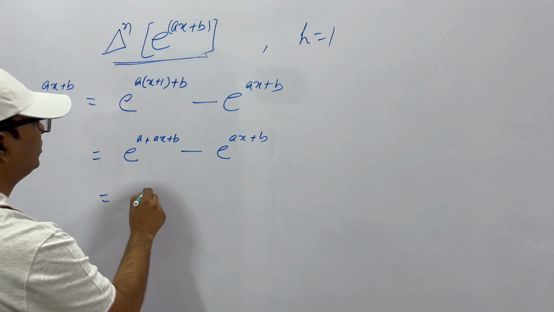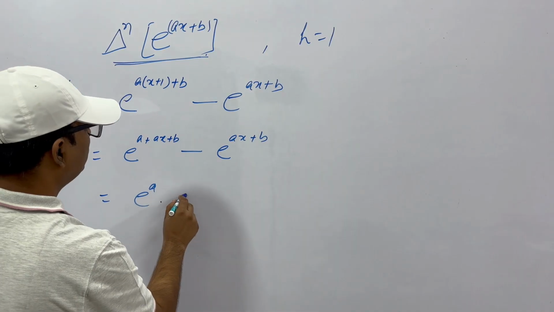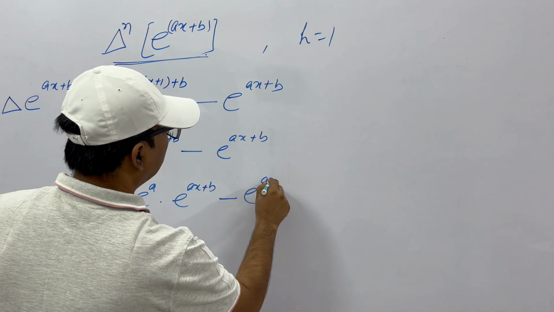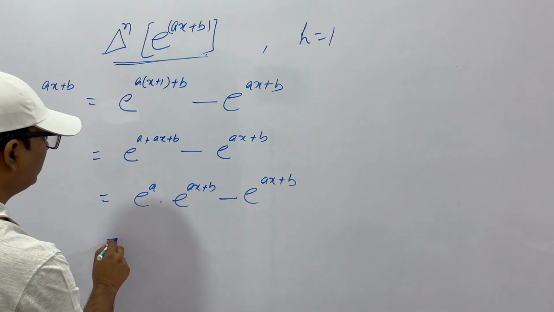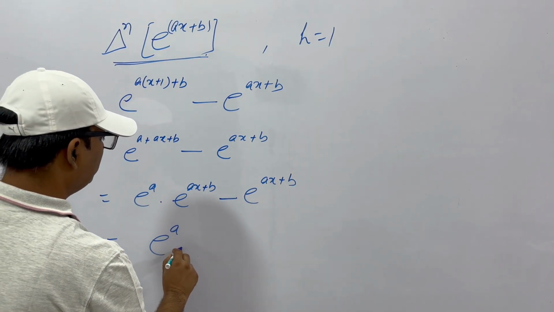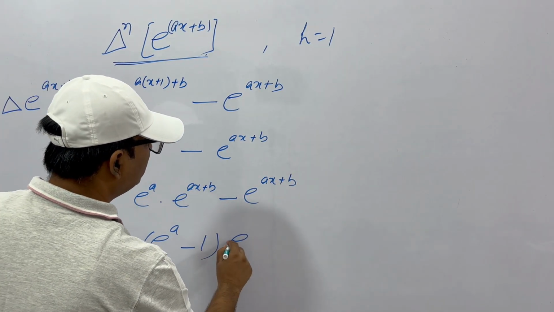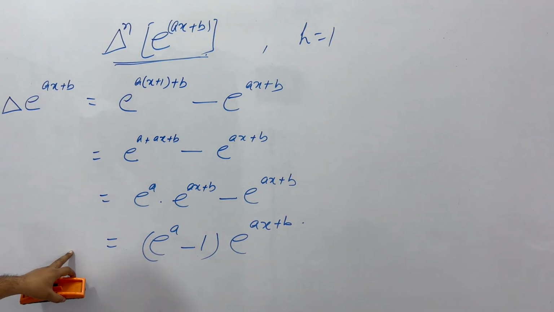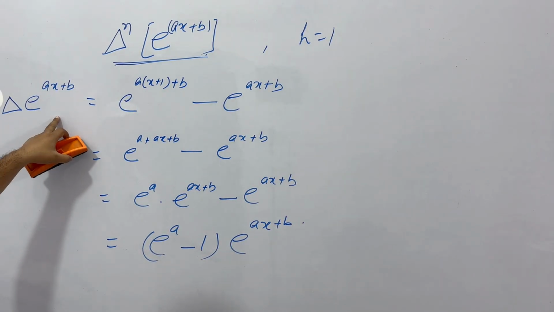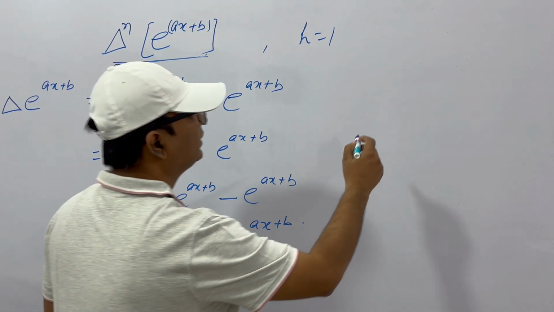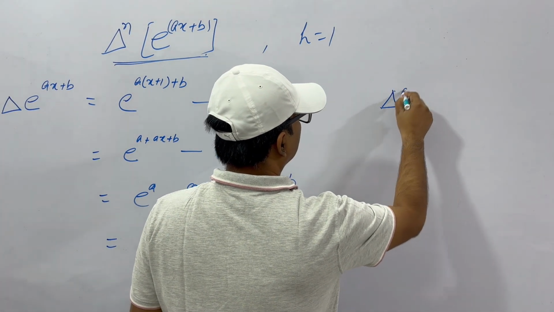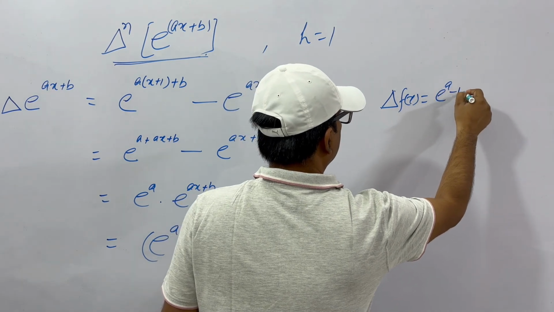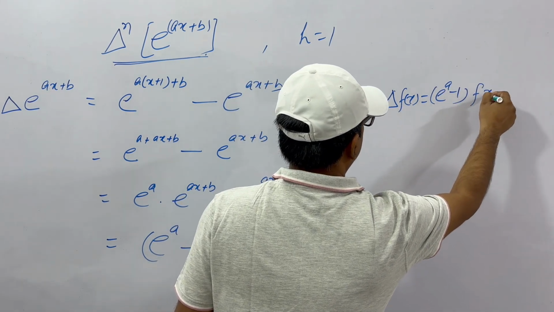So we can write e to the power a into e to the power ax plus b minus e to the power ax plus b, or we can say this is (e to the power a minus 1) into e to the power ax plus b. So del of the function is (e to the power a minus 1) into the function.